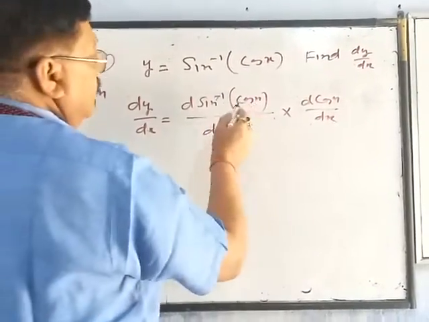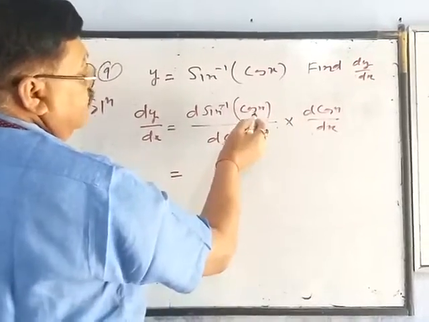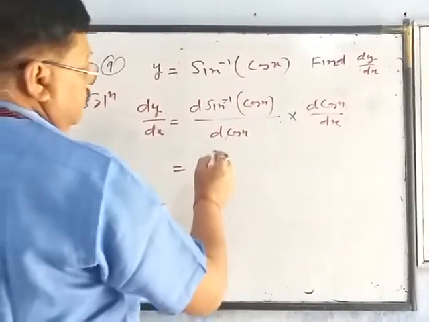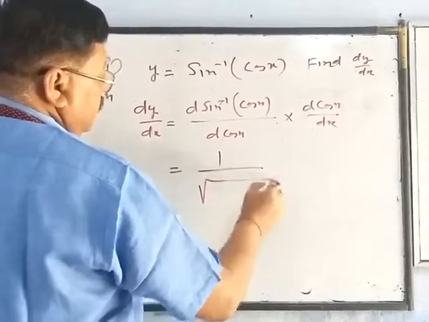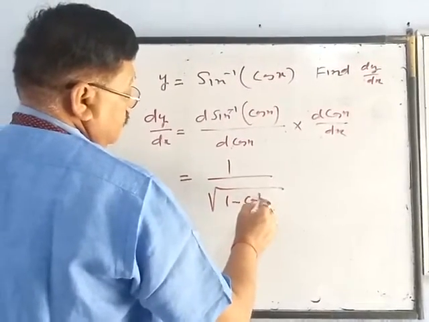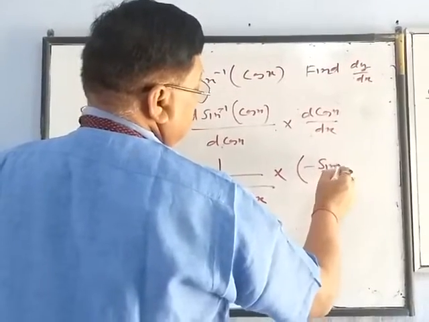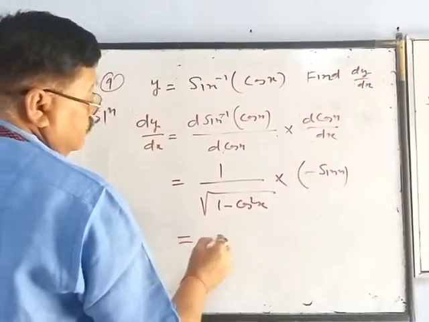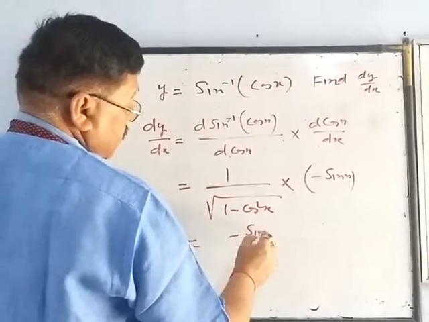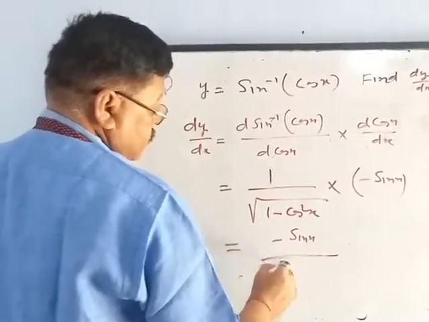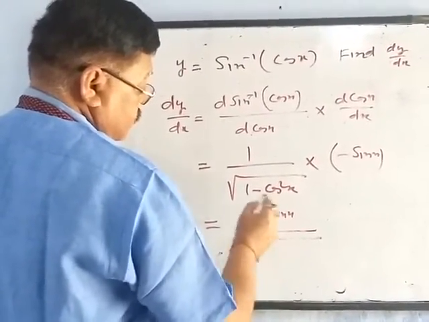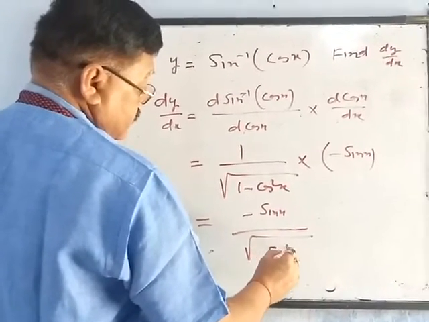So sine inverse x, at the place of x cos x, so it will be 1 by root under 1 minus cos square x. Cos x derivative is minus sine x. So minus sine x by root under 1 minus cos square x, that is sine square x.